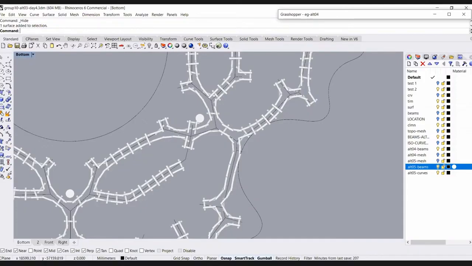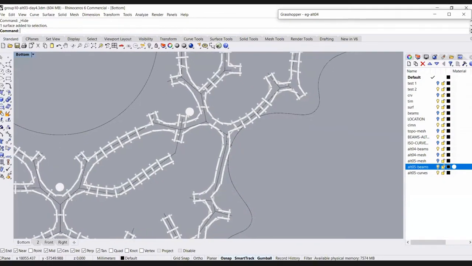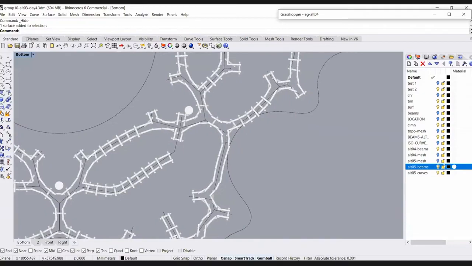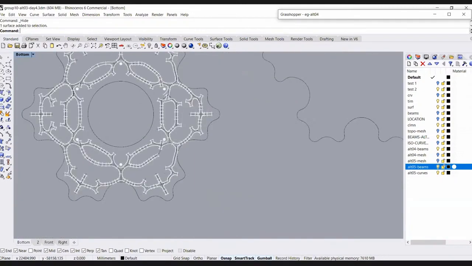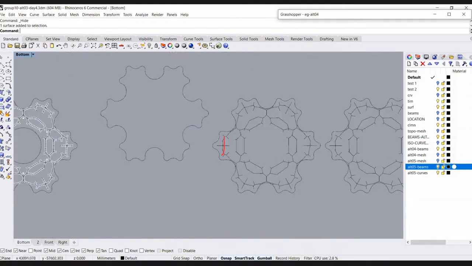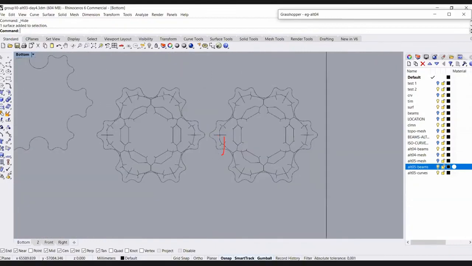So my suggestion is, if you want the results to look totally fine without any problem like this, you may need to manually adjust the curve you input. You mean these parts, for example?